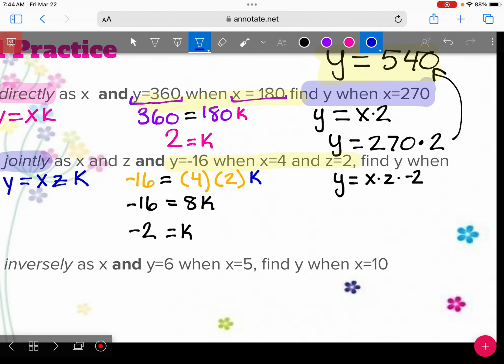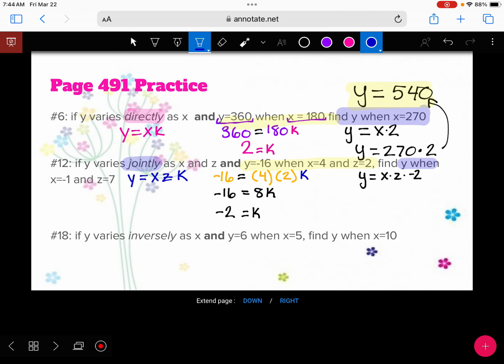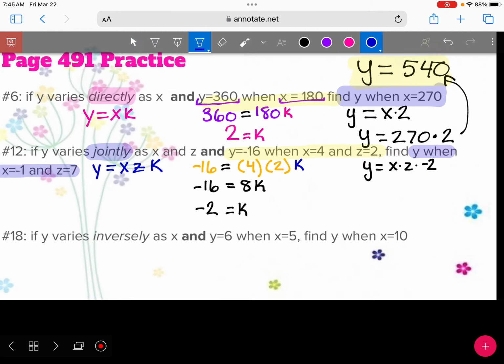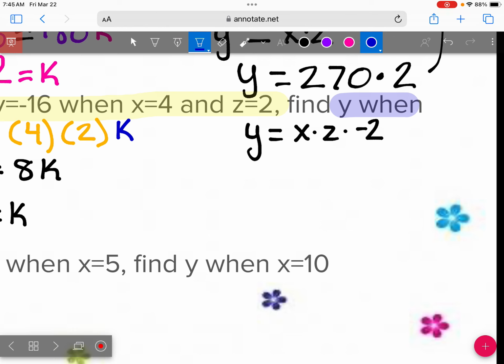And what we're asked to do, our problem here, is to find y when x is negative 1 and z is 7. So we're going to substitute those pieces in. We're finding y when x is negative 1, z is 7, and we still have that k of negative 2.